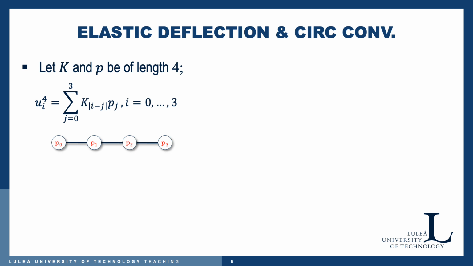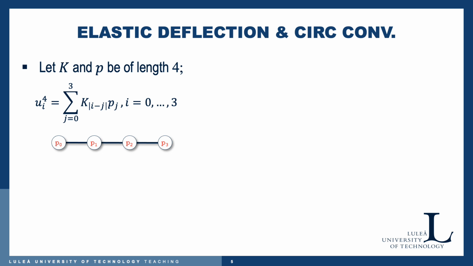So let us look. If K and p are vectors of length 4, so i is from 0 to 3, and then we will sum j from 0 to 3 to obtain the deformation for each i.